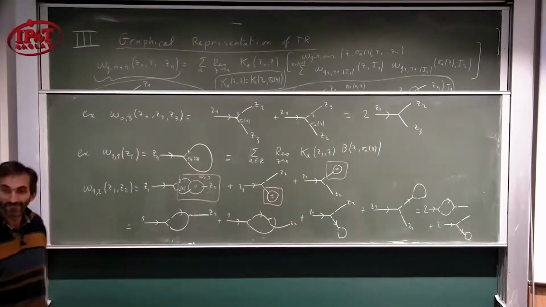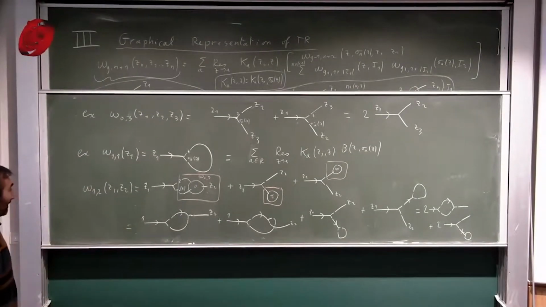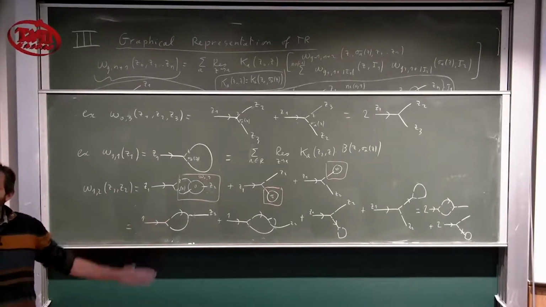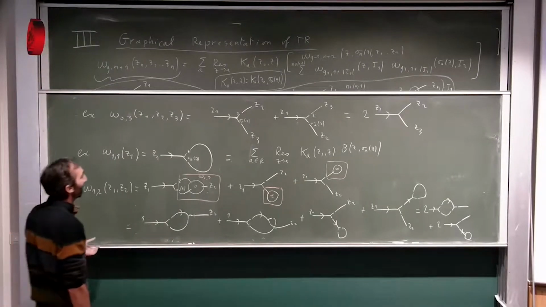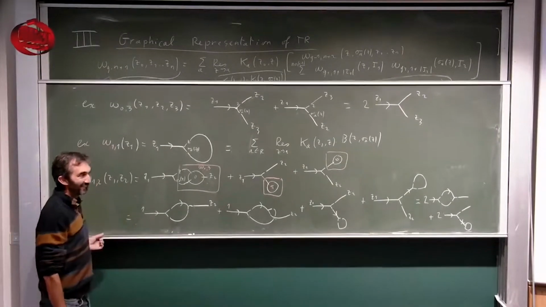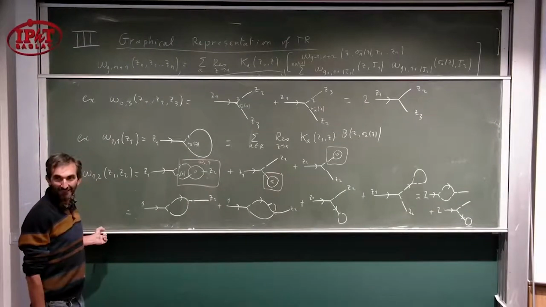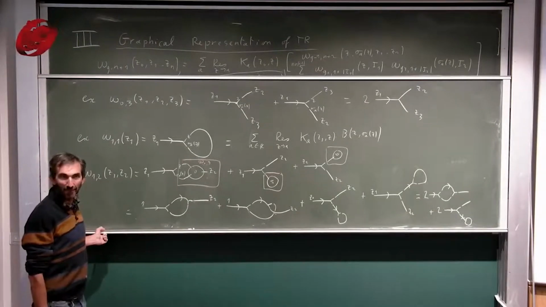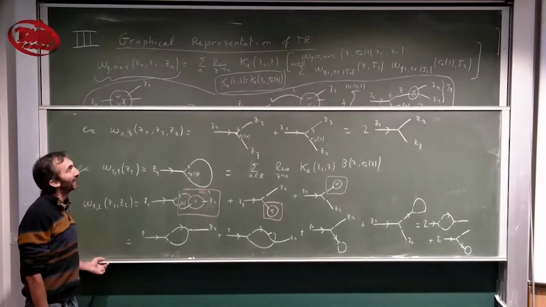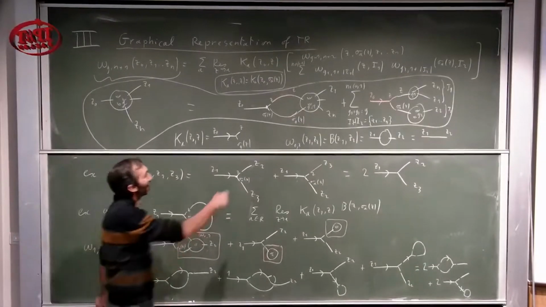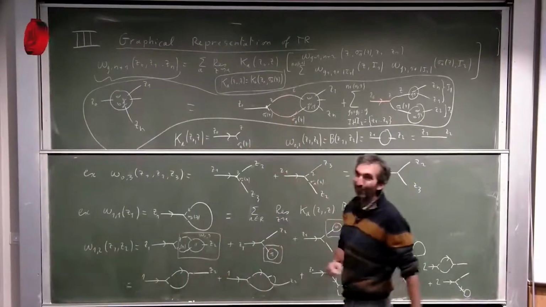Sorry? Can you just repeat why it's one? I mean, graphically, I see. Well, yes, you see it graphically, but it will be a theorem. So this means that all the loops are generated by the first term in the expansion. So if I look at the sum that generates the loop, this one is just three legs. Yes, exactly.